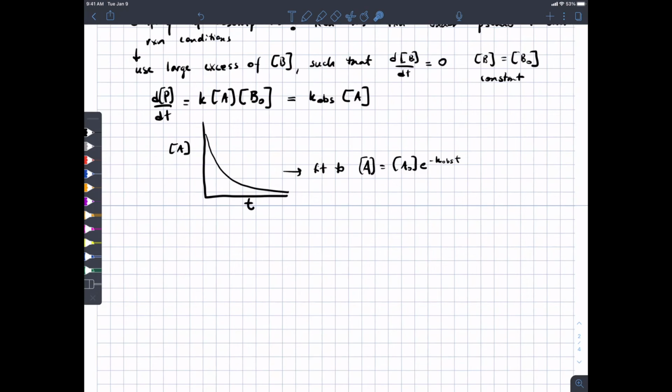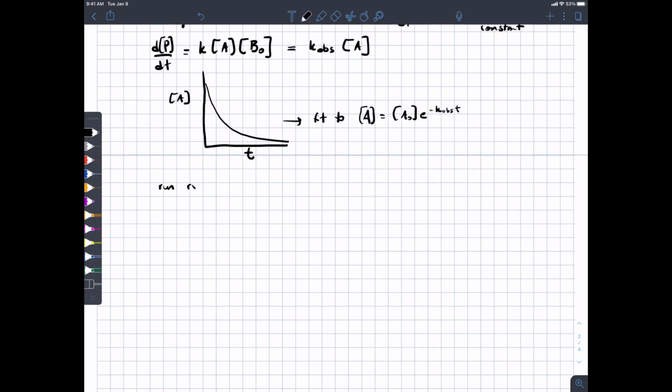Alternatively, what some people do is they will measure just the initial rate. They won't watch the concentration of A as a function of time. They'll run the reaction to only 5 or 10% completion, and in that region where it's only 5 or 10% complete, usually you can find a region that's basically linear, and the slope of that region, change in A with respect to change in t, will be pretty close to this rate constant k obs.